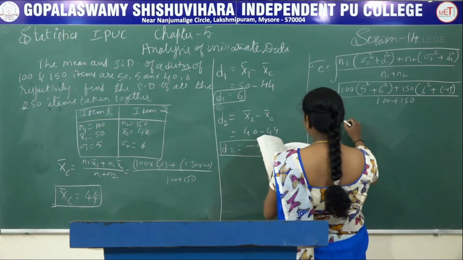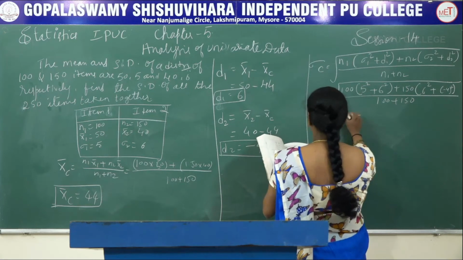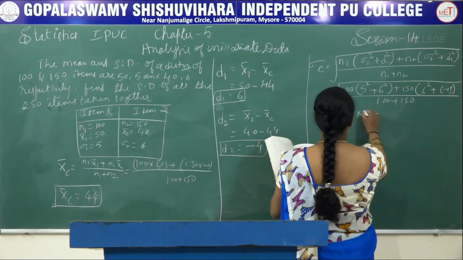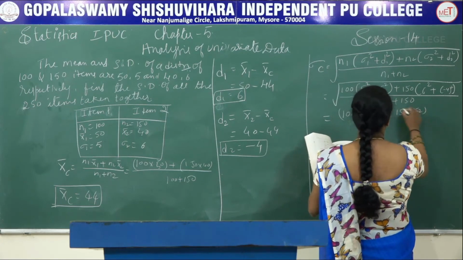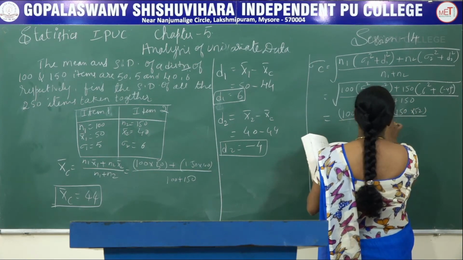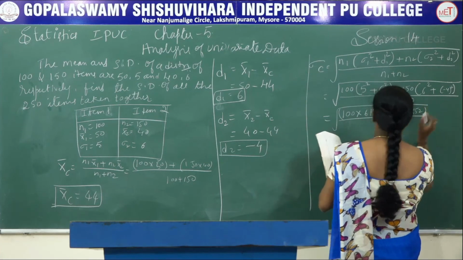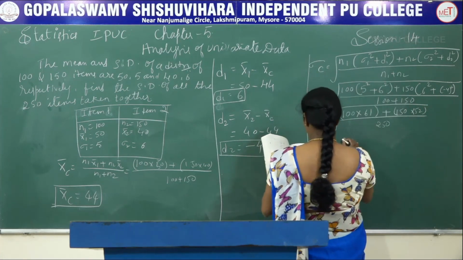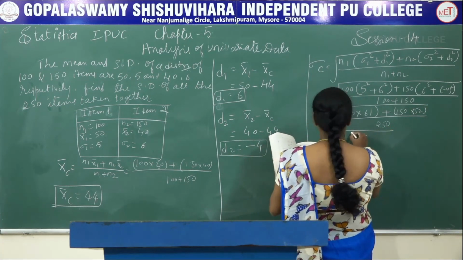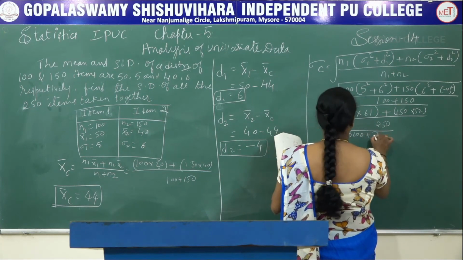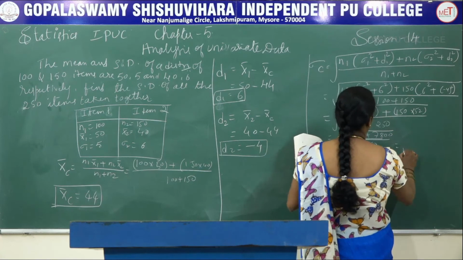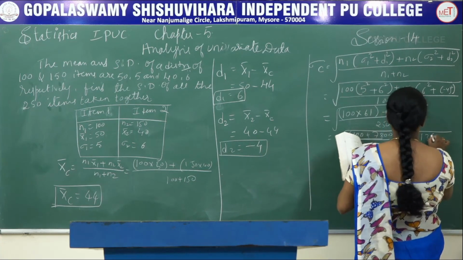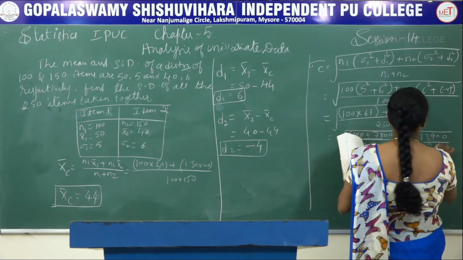So you will get 100 into 61 plus 150 into 52 divided by 250, the square root, and this is square root of 6100 plus 7800 divided by 250, and this is square root of 13900 by 250.